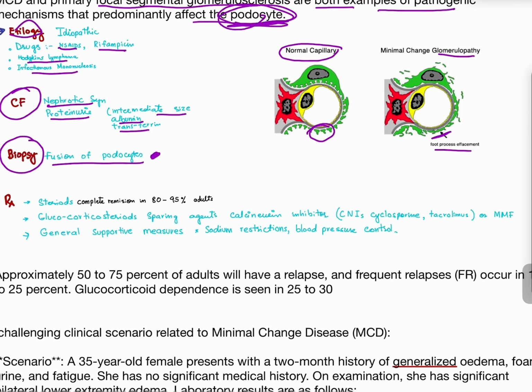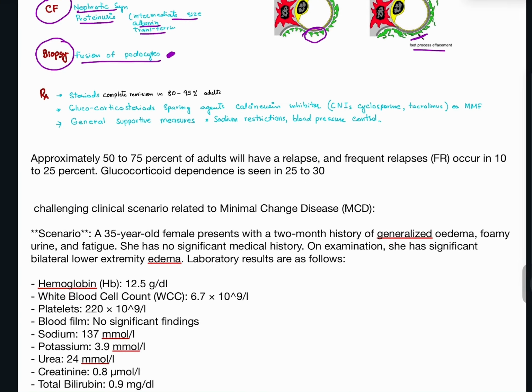Coming towards the treatment, the most important factor in the treatment of minimal change disease is corticosteroids.